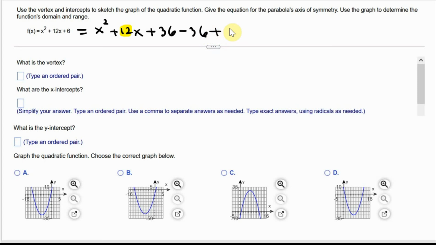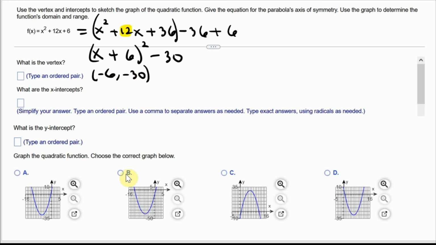Then it was that plus 6 that was already there. So the cool thing for us, we don't have any parentheses. So for these guys, just factor. That's x plus 6 all to be squared. On the outside, we have minus 30. So the vertex would be negative 6 comma negative 30.